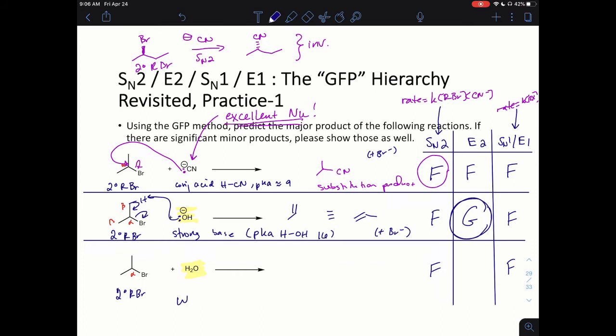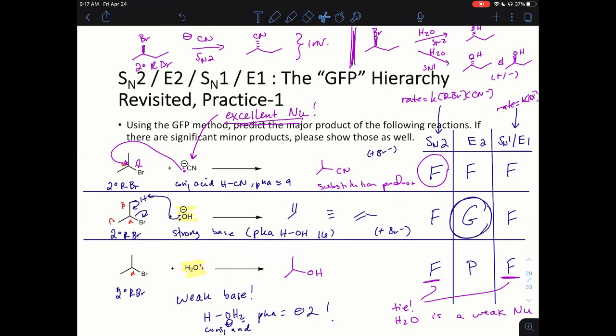Water is a weak base. Its conjugate acid, hydronium, has a pKa of -2. So it's a strong acid, which means that water is a weak base. So this will be poor for E2.